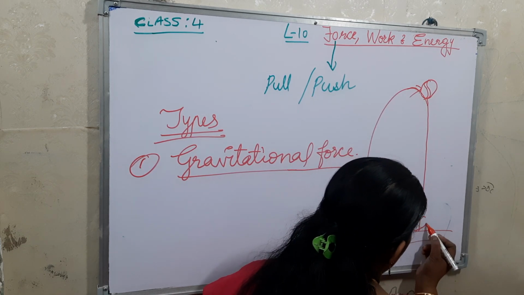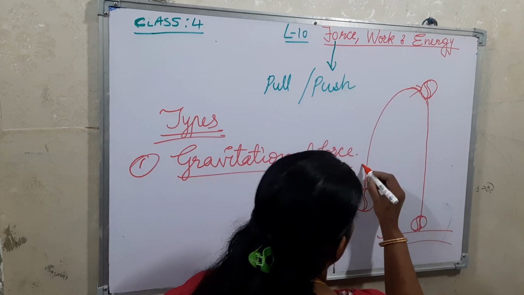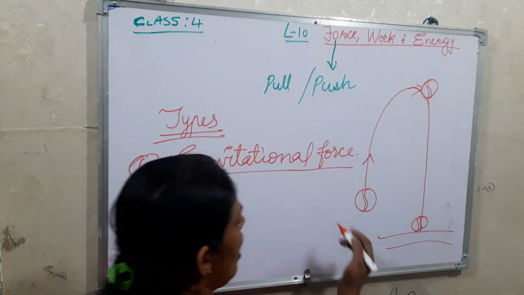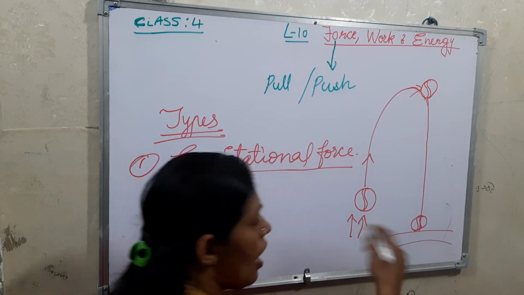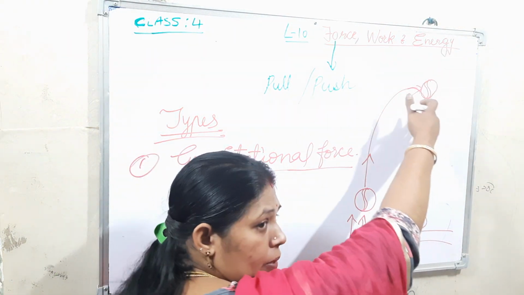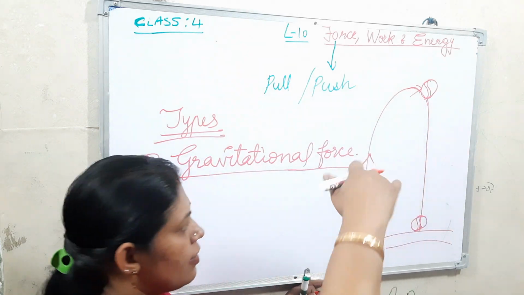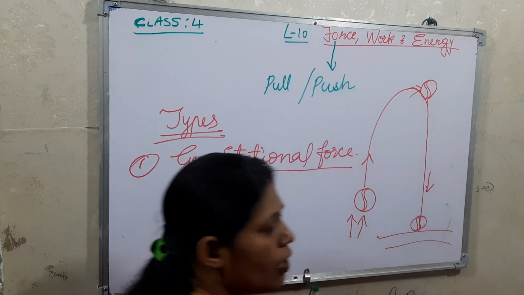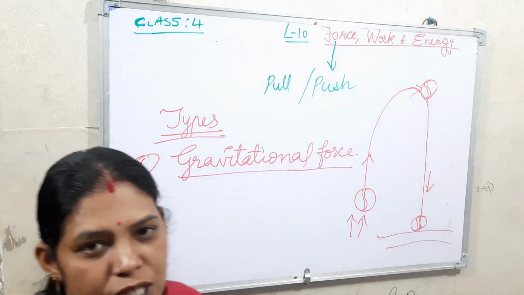This is because of the gravitational force. When you throw it up, it goes to a certain height, then from there it comes back again. This is because of the gravitational force.